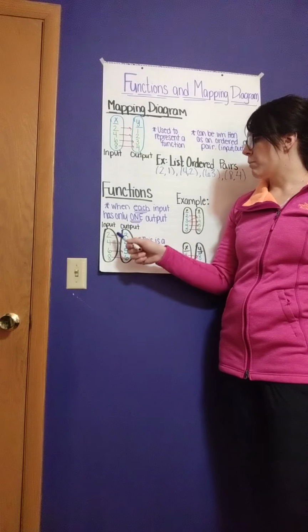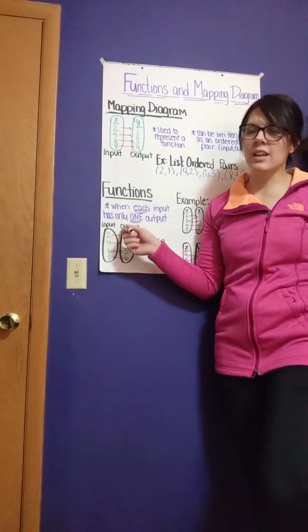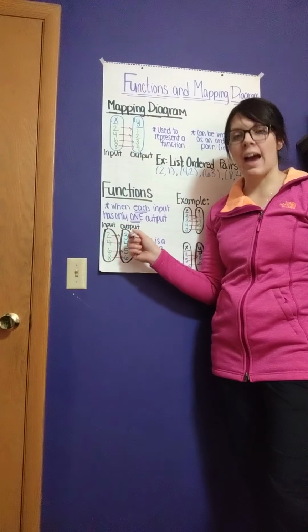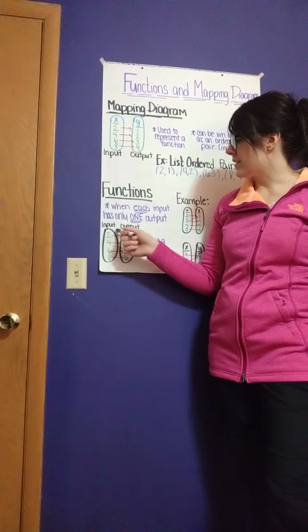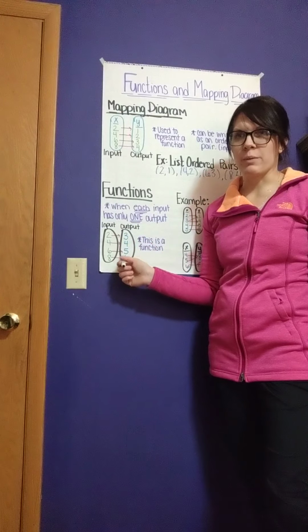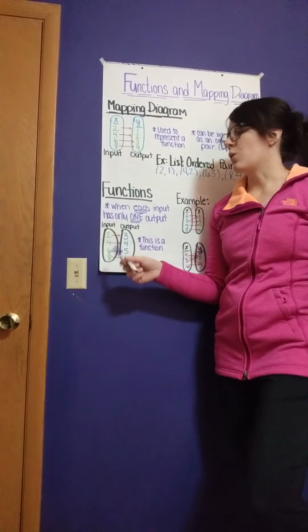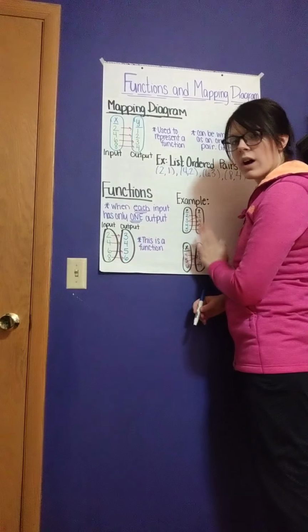What that means is if I put 2 in and I get a 3 out, every single time that I put a 2 in, I have to get a 3. That has to be my answer. If I put a 2 in and I get a 3, and then next time I put a 2 in I get a 4, this is not a function because something changed. So we need to make sure that our inputs have only one output.